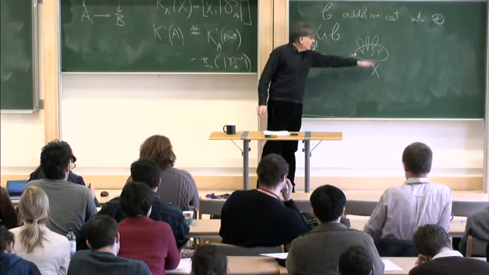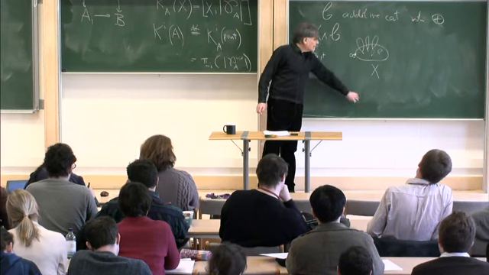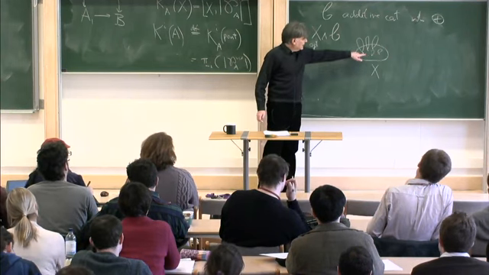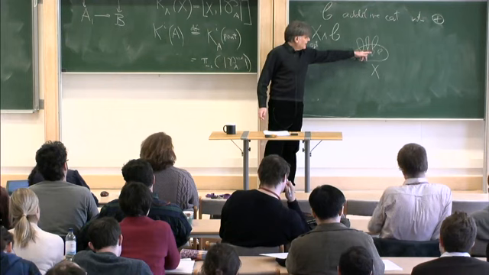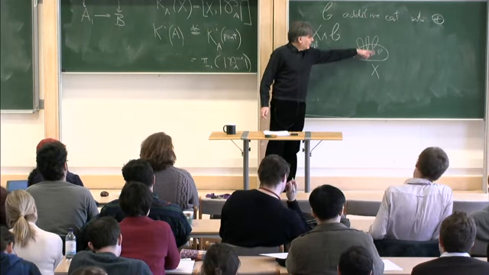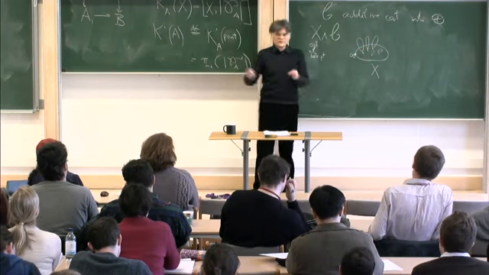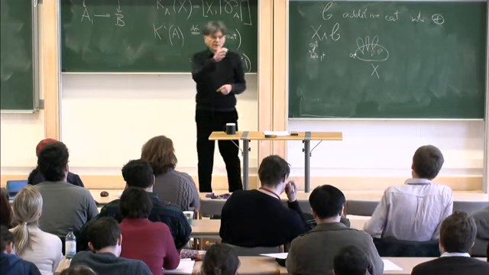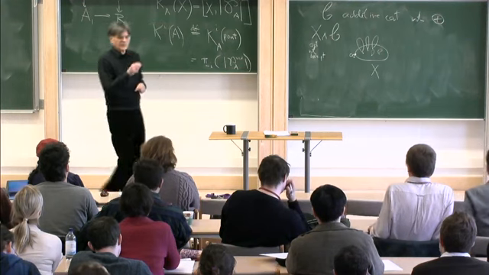A morphism from one of these objects to another one is a collection of morphisms in C where you're only allowed to map labels to things which are labeling the same point.